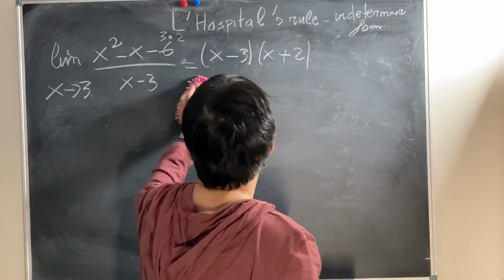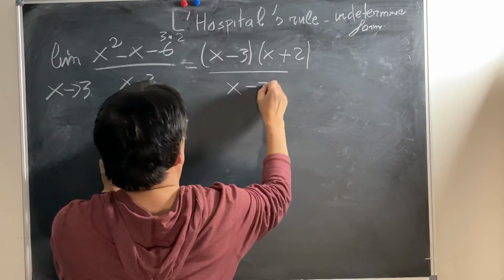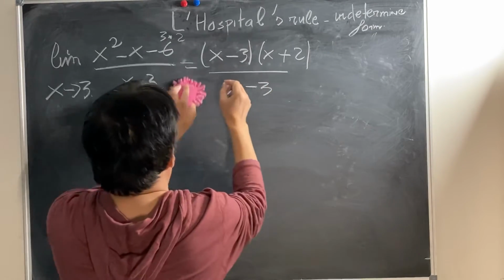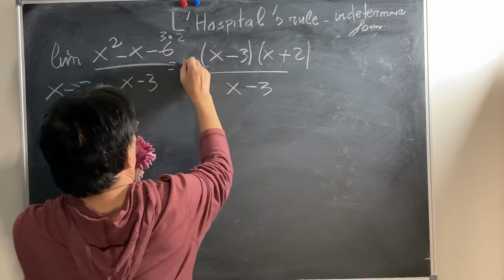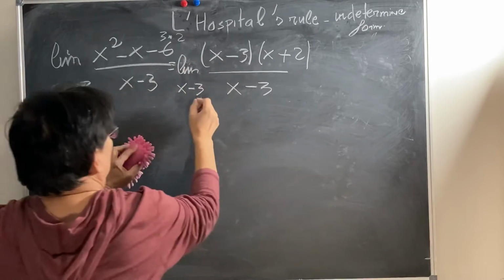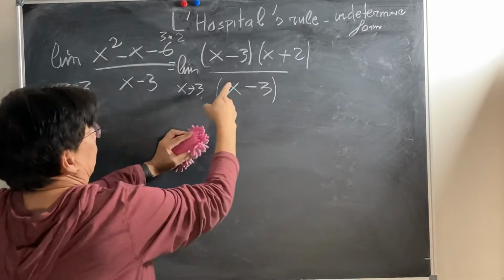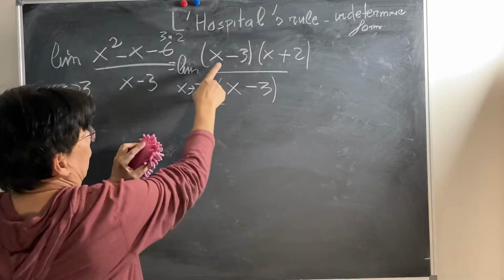Divide by x minus 3. So this equals the limit as x goes to 3 of (x minus 3)(x plus 2) over (x minus 3).